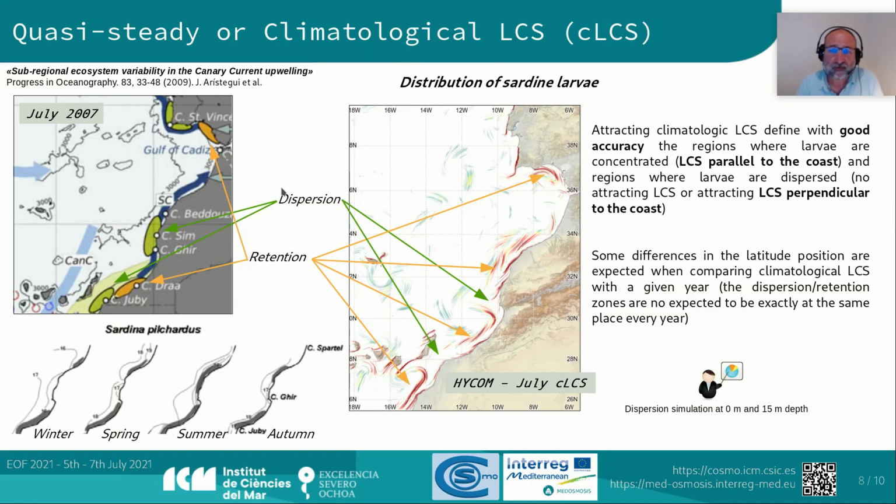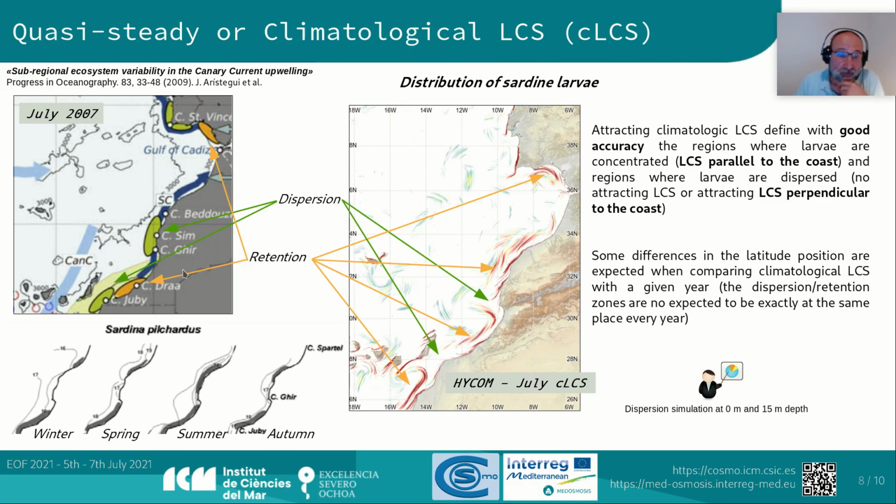Also, the distribution of larvae is very conditioned by these structures, because, for instance, here we have two plots from the work of Aristegui et al. In this work, they see, for instance, that in July of 2007 there are some zones of dispersion, the green, or retention of larvae, the orange.